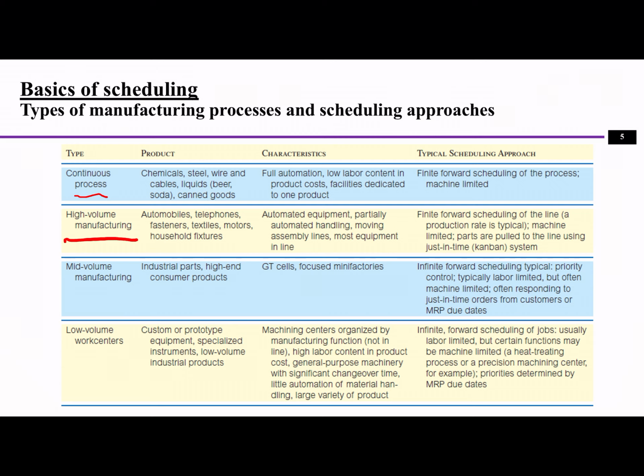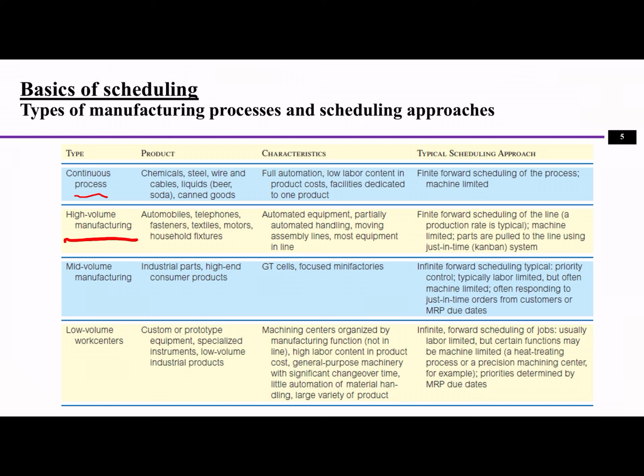Usually they have very limited models, and all the setups and configurations of the production line are exactly the same. You do not need to change setups. Sometimes they might offer different colors, but that's very limited modification.